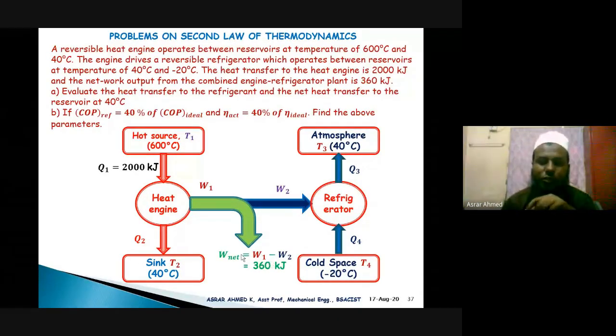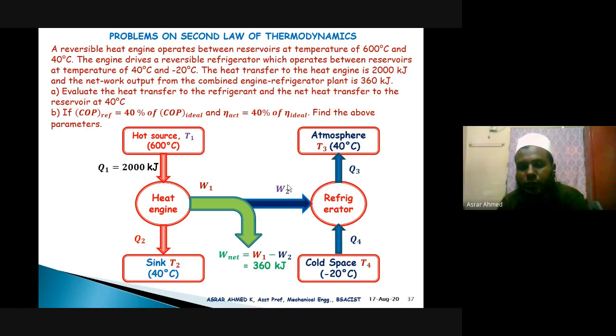Now we have taken an example of 60. In the question it is given that it is 360, meaning suppose 1000 kilojoule of work is being produced by the engine. Then W2 is how much? 640. Yes, it is 640.